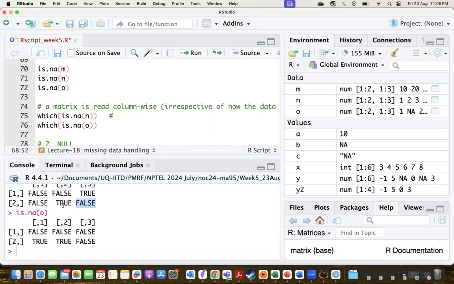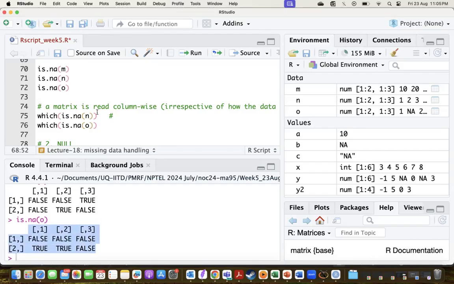So it's going to say 4 and 5 are true. And in the O matrix, it's going to say 2 is true, and then 4 is true. So it's going to read this true and false column wise.